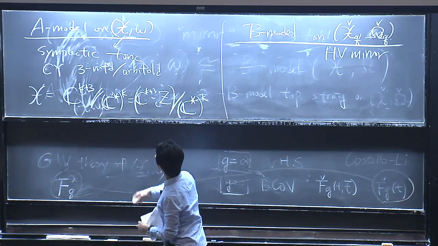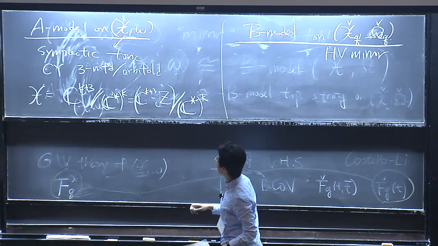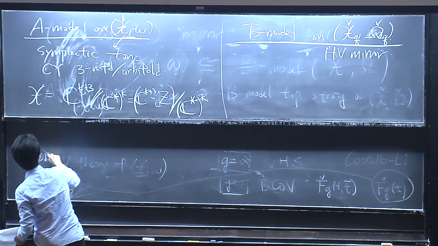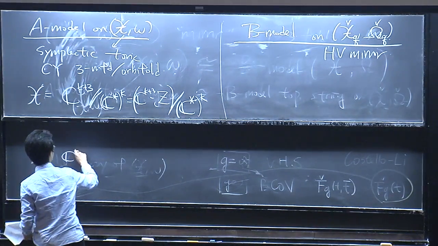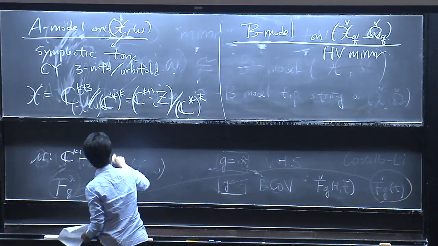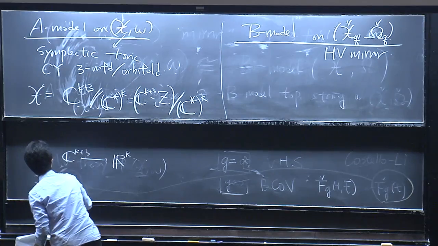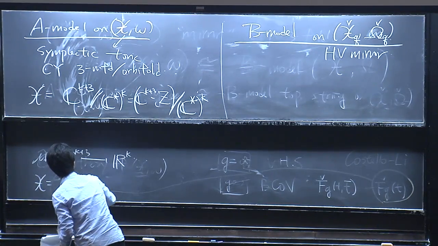So if you restrict this action to the compact K-dimensional torus, you get some moment map to R^K, and X can also be written as a symplectic reduction.